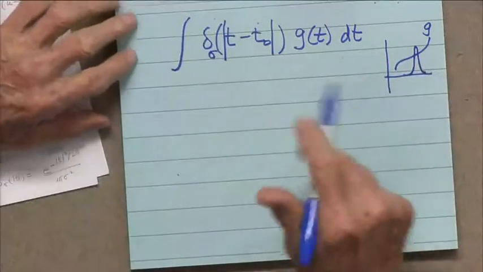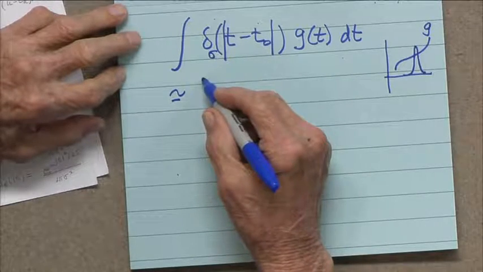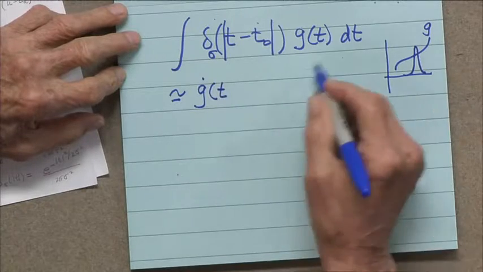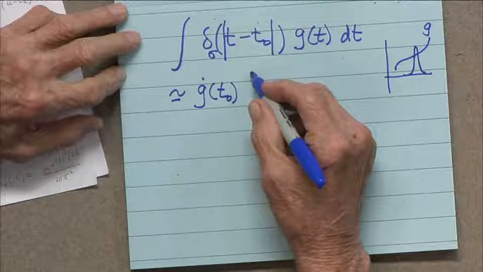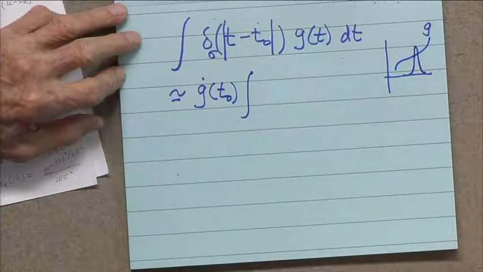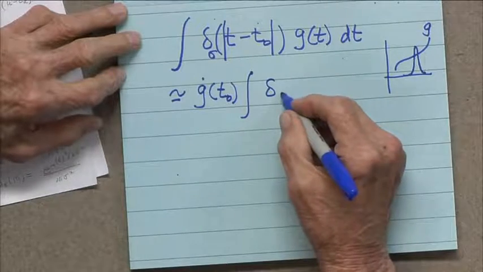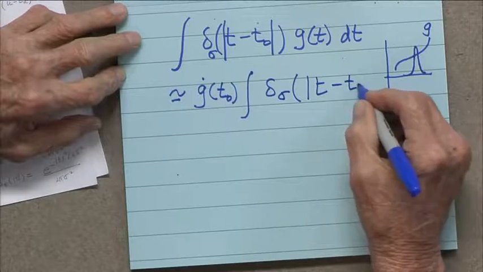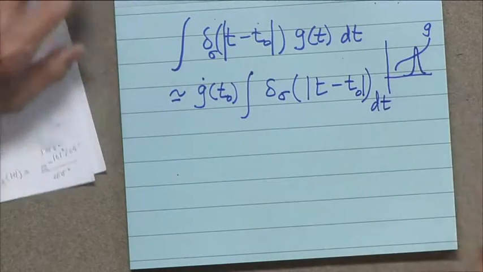So I could approximate this as g of t0 times the integral of delta sigma of the absolute value of t minus t0 dt.